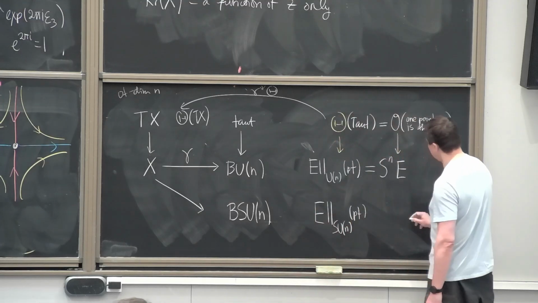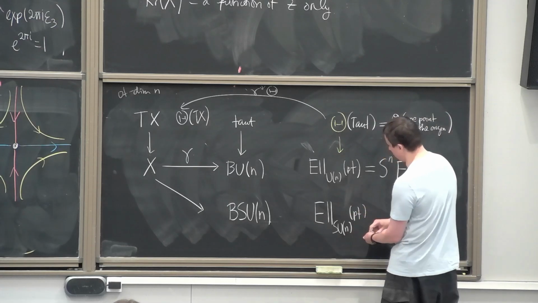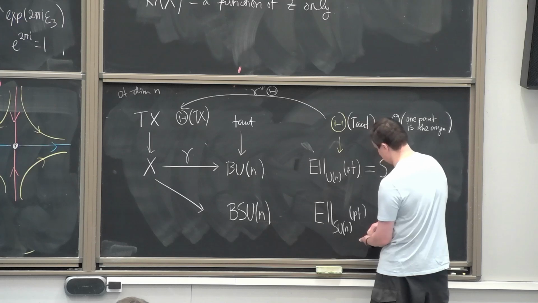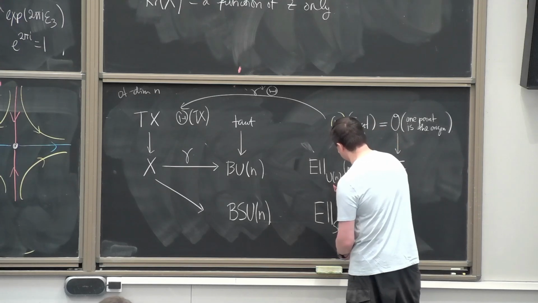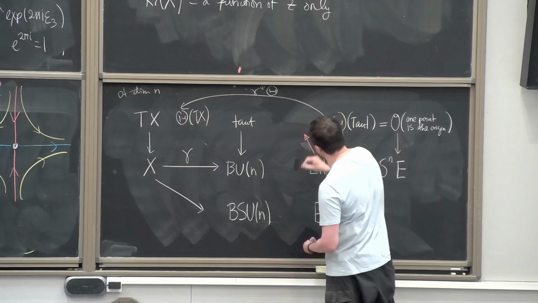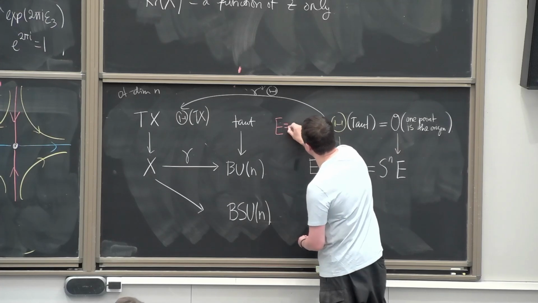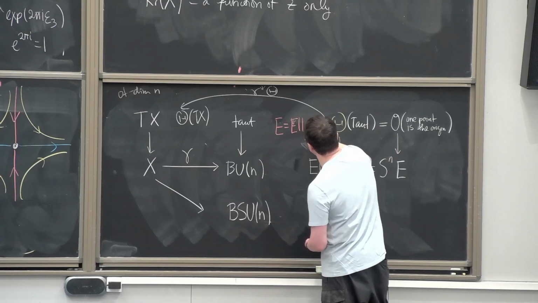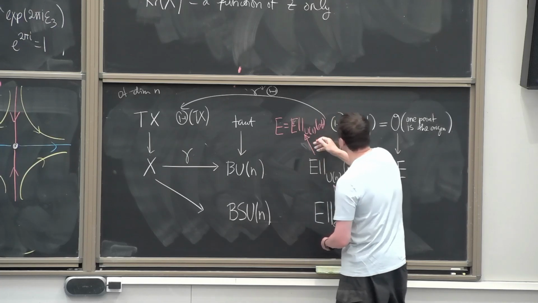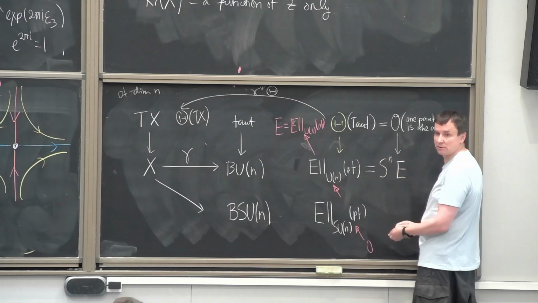These are the n-tuples of points. This is the kernel of the map to the elliptic curve. This is the map that just takes a tuple of points and sums them up.